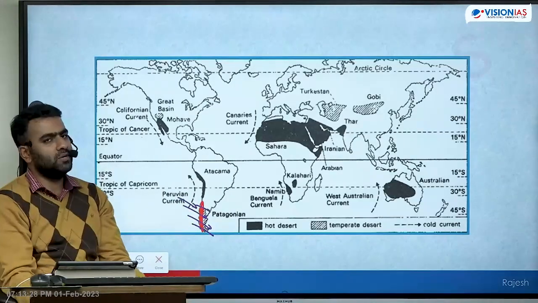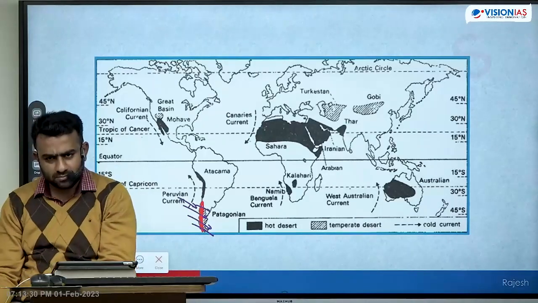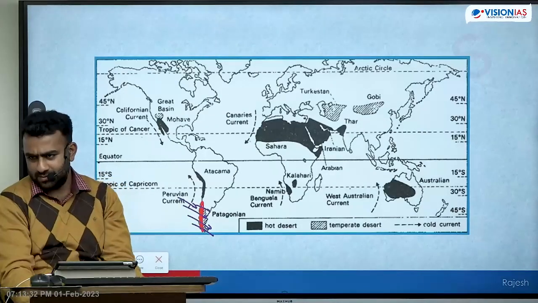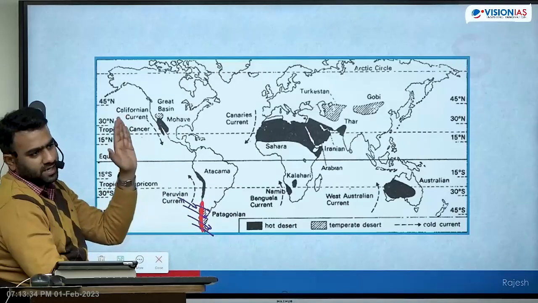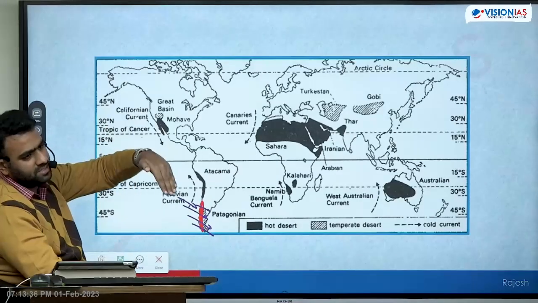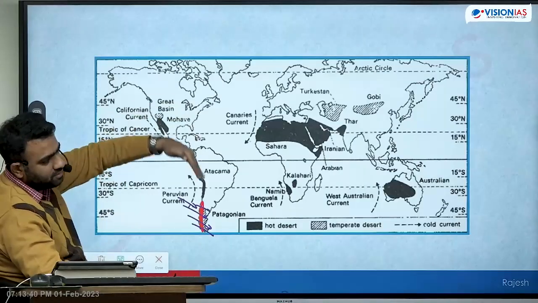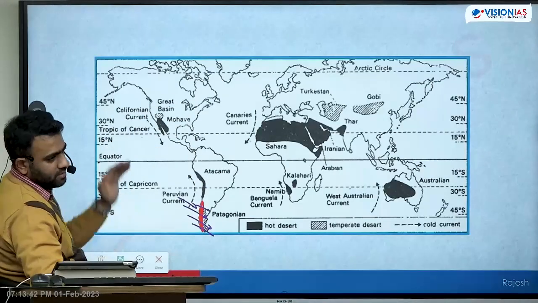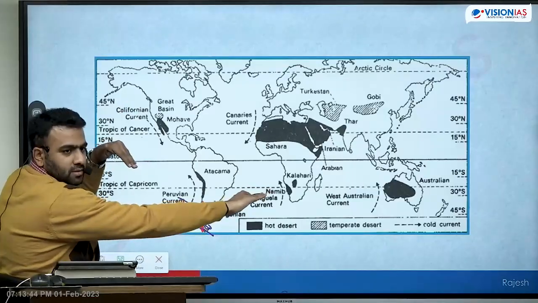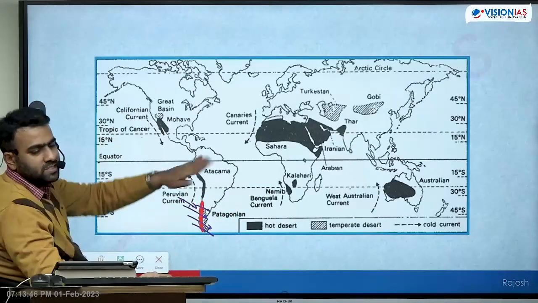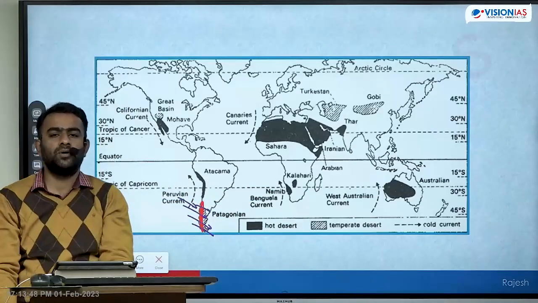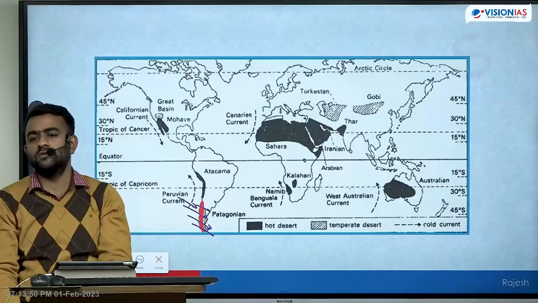So these are cold deserts. For example, Ladakh, beyond the Great Himalayas. The winds which rise above the Great Himalayas start to descend. Okay, this is the Great Himalaya, here is Ladakh. So the winds are always descending. There is not much precipitation at all. So these are all cold deserts because of their location.